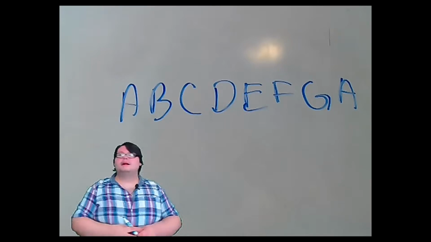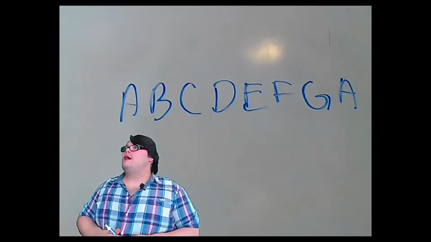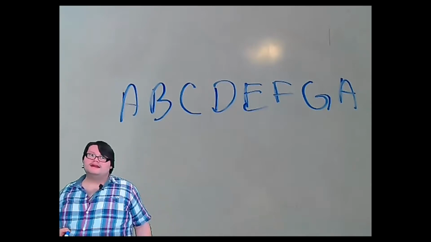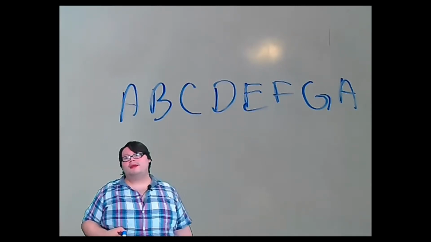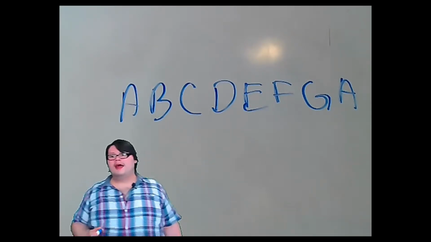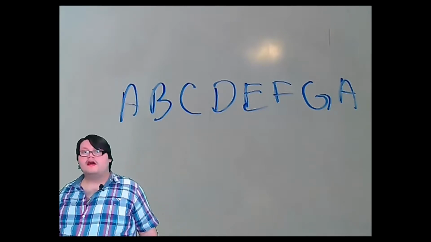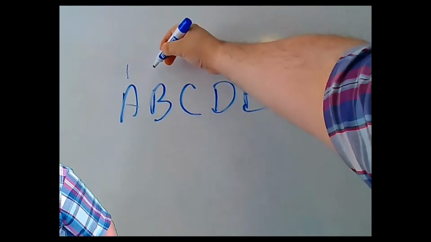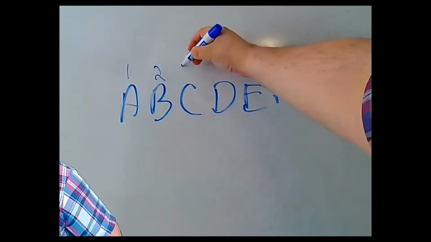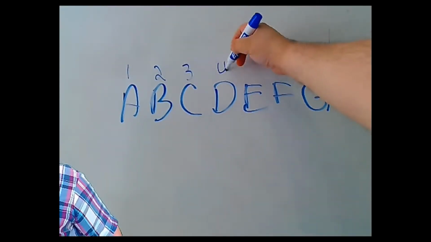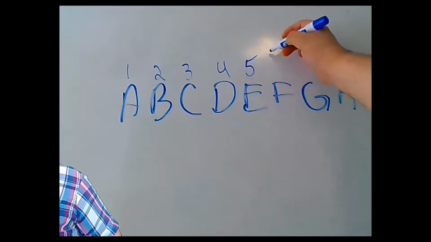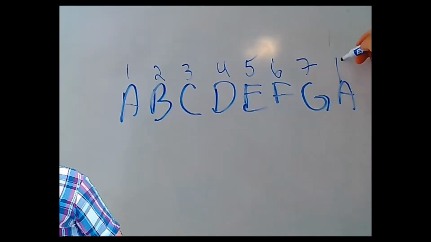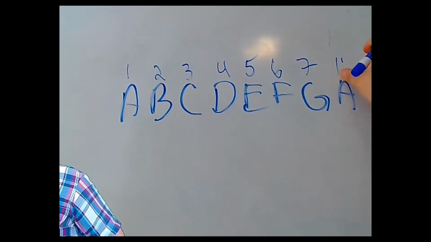Now, we need to figure out what we are going to do with this game of leapfrog and how we figure out the minor pentatonic scale. So now we're going to put the numbers again like we did in the major. So it's going to be 1, 2, 3, 4, 5, 6, 7, and the octave.